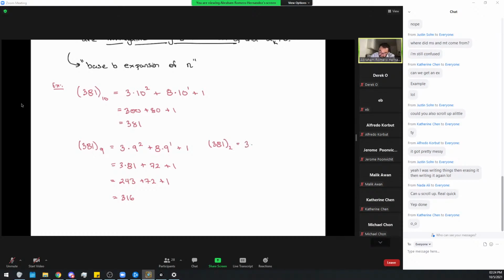Well, that's going to be 3 times 2 to the third plus 8 times 9 to the first plus 1. Actually, not to the third, to the squared. Okay. So that's 3 times 4 plus 72 plus 1. That equals 12. Oops, not 72. That's supposed to be a 2. So that's 16.